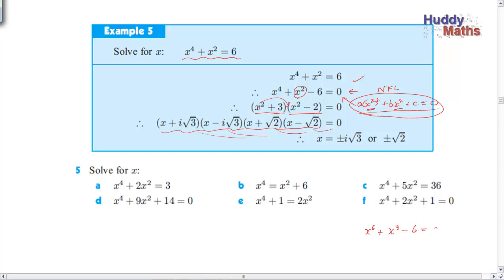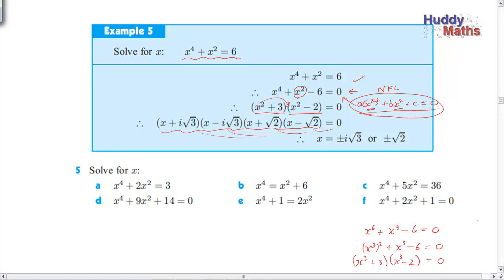That would be the same quadratic but in x cubed, wouldn't it? Because it's (x cubed) squared plus x cubed take 6 equals 0. And you could proceed in the same way, so it's important to be flexible there. So this would be x cubed plus 3 and x cubed take 2. Do you get the idea?